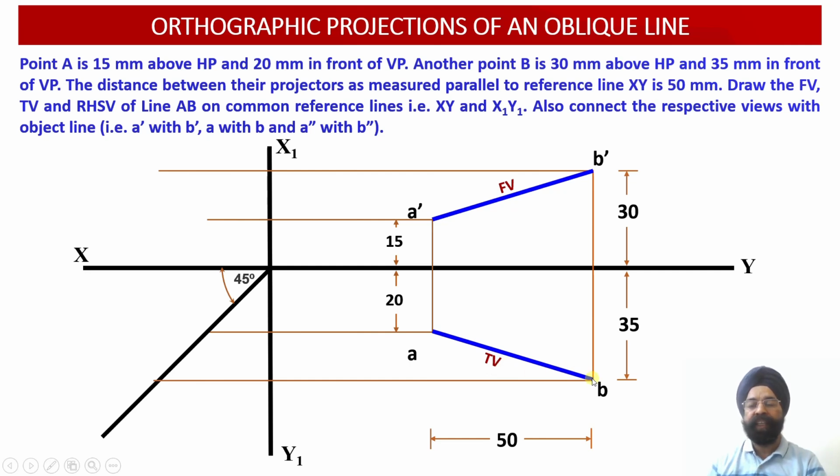Having obtained this point B in the top view, once again we have to transfer this into the profile plane. The distance of this point B from the vertical plane is 35 millimeter. So this distance of 35 millimeter from the vertical plane has to be transferred onto the profile plane projection, that is the side view projections over here.